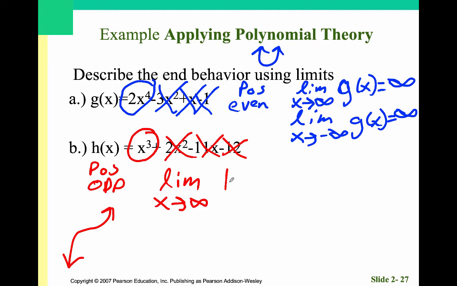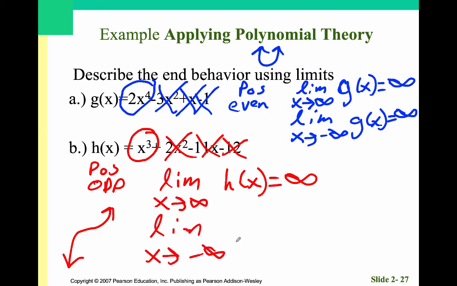The function h of x will head towards infinity, and the limit as x approaches negative infinity, the function h of x will also approach negative infinity. Really big negative numbers raised to the third power will result in really big negative numbers.